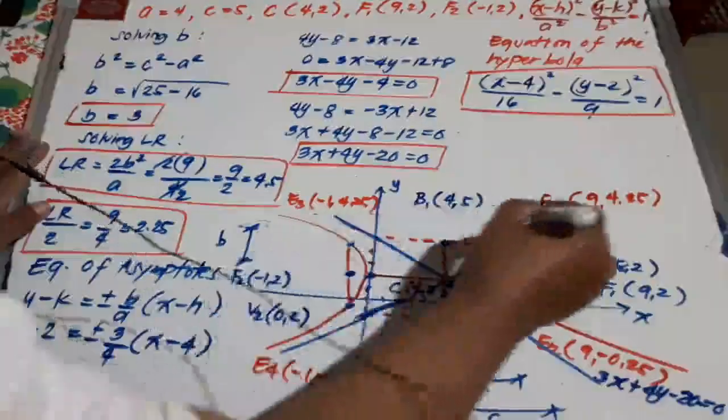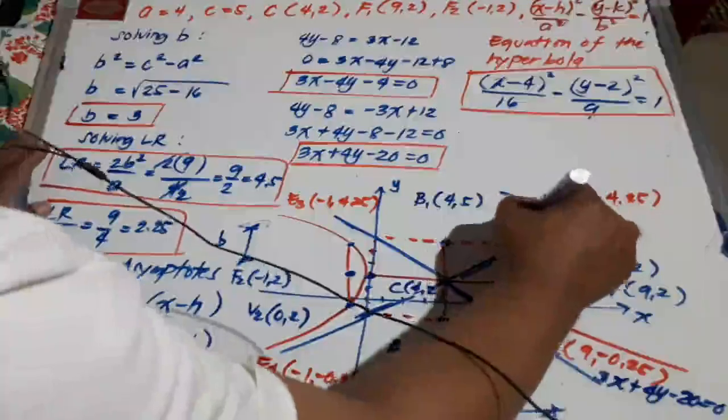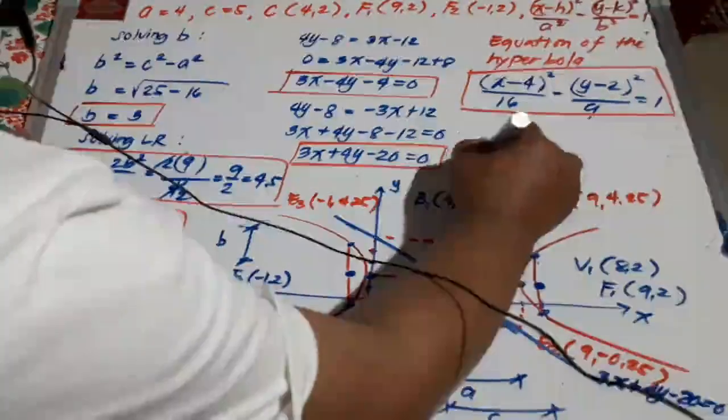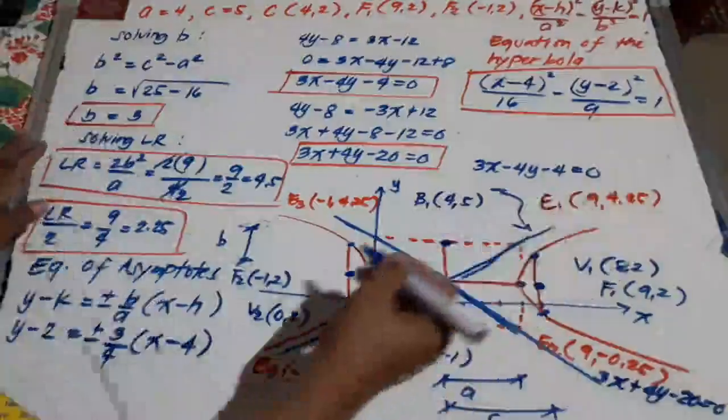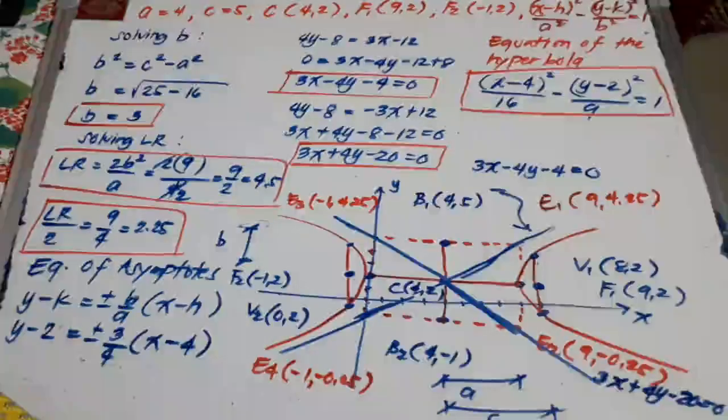Itong isa, equation niya ay 3x minus 4y minus 4 equals 0. Okay? So, yon yung ating example number 3 in sketching the graph of a hyperbola with center at (h, k). So, the next topic will be application of hyperbola in real-life situations. So, thank you.